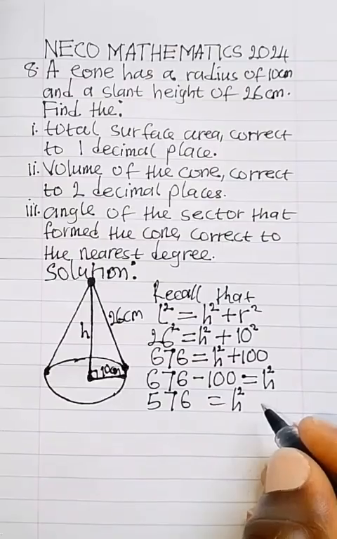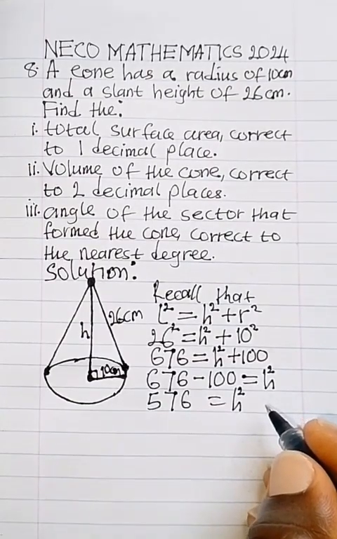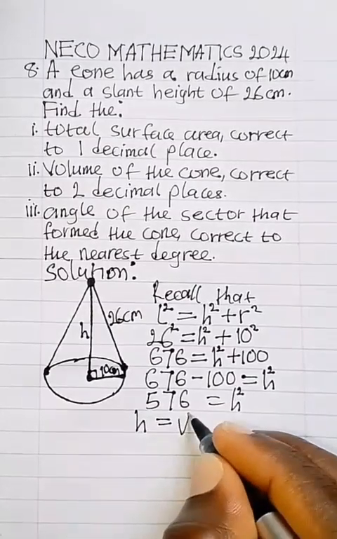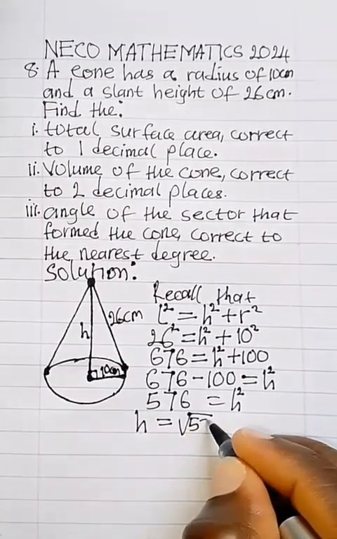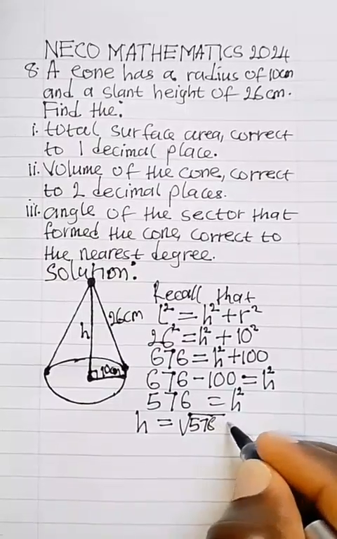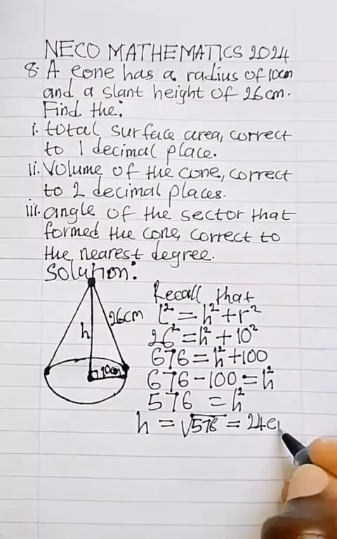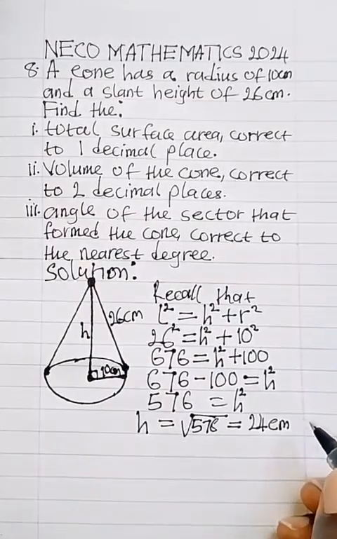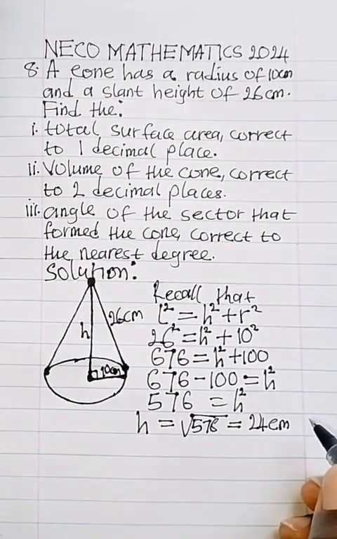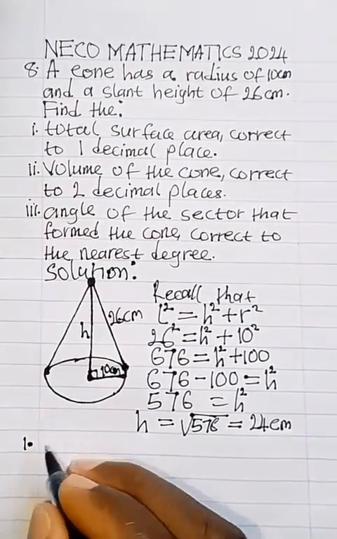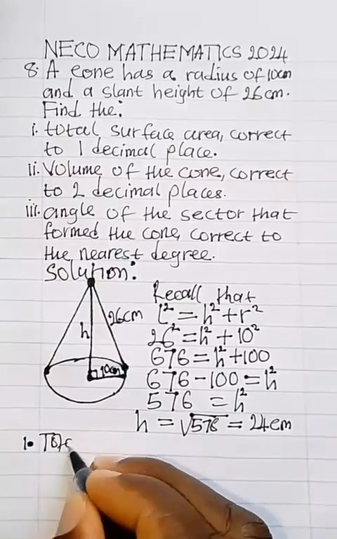You take the square root of both sides. h is equal to the square root of 576, and that is 24 centimeters.